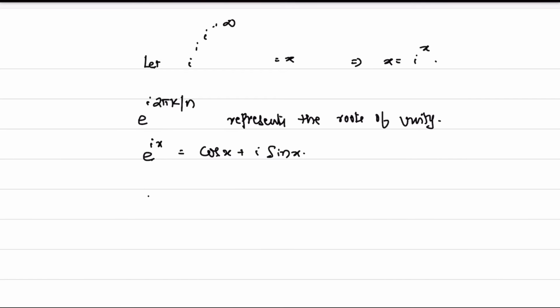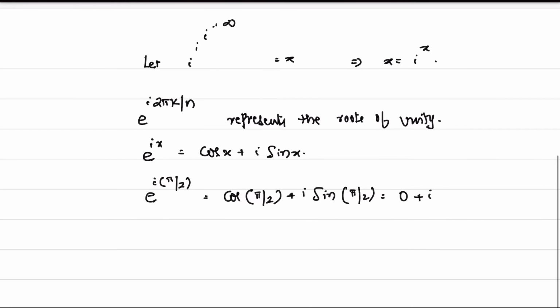Then e to the power of I pi by 2 is equal to cos pi by 2 plus I into sin pi by 2. That is equal to cos pi by 2 is 0 plus I into sin pi by 2 is 1. That is equal to I. That means I can be written as e to the power of I pi by 2. Please remember this.